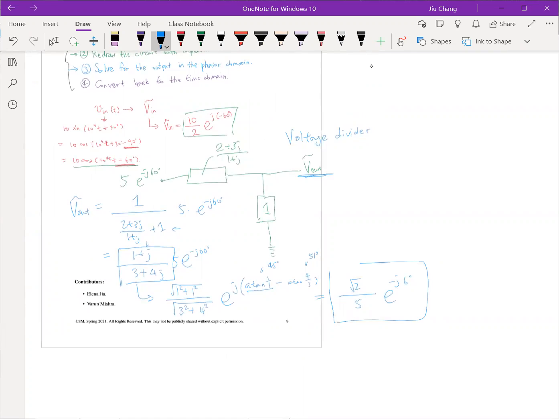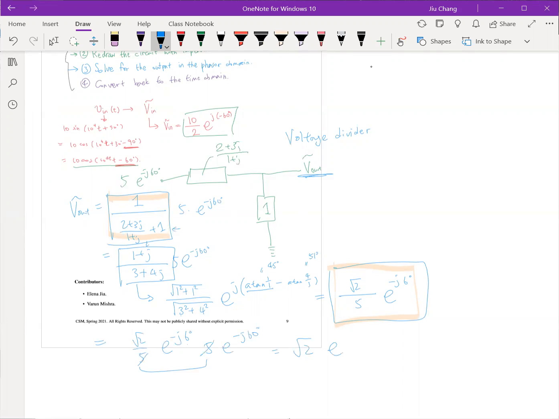So we plug this into here. Let me highlight that in the same colors. And we're now ready for our calculation for the V out phasor. So we multiply the magnitudes. I'm happy that these canceled out.